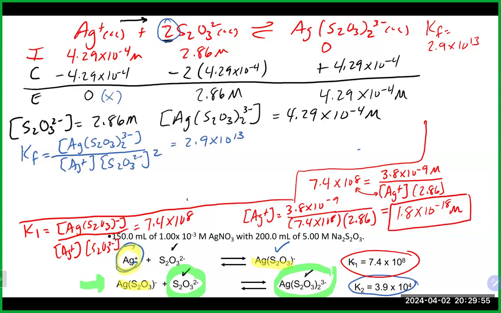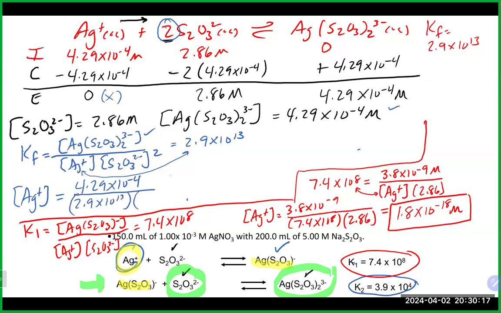Once again, these two are going to switch places, and the silver concentration will equal 4.29 times 10 to the minus 4, which is the complex ion's concentration from the first table, divided by the KF, 2.9 times 10 to the 13, and divided by our S2O3, which is 2.86. We do need to square that in this case because we're using the overall K value and the overall reaction. And that would get us, if I didn't screw up, hopefully, we'll see.